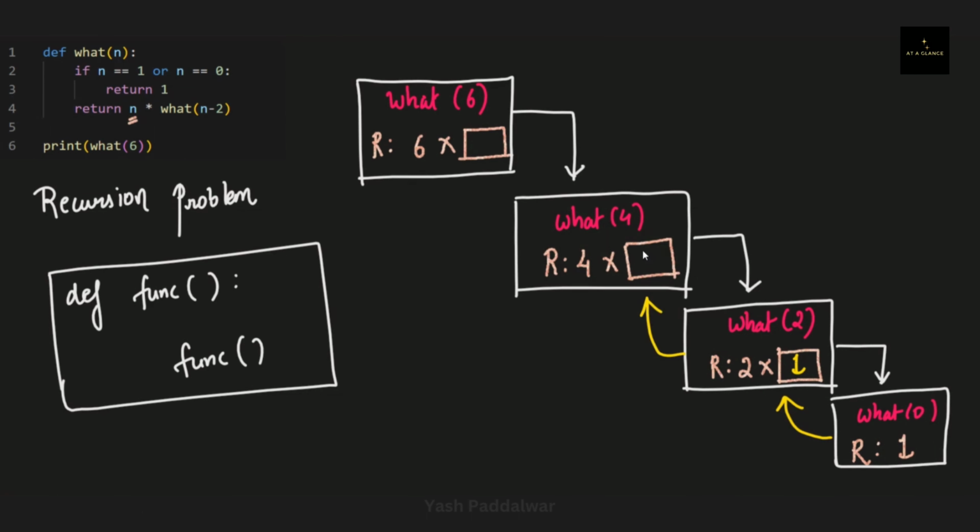Hence go back in the execution step of what of 4 and fill the value where what of 2 was called. 4 into 2 gives out 8. Now you can see that what of 6 was calling the function what of 4, hence fill the value and write 8 as the answer in place of that. Now you can see that we just have to calculate 6 into 8 inside the what of 6 execution step, and there we go, we have got the answer. So you can see that the entire problem statement is giving us the answer as 48.